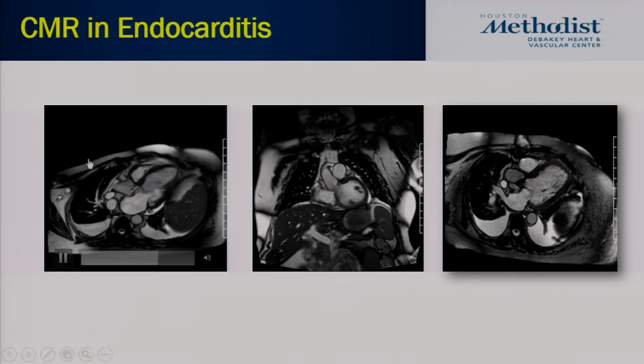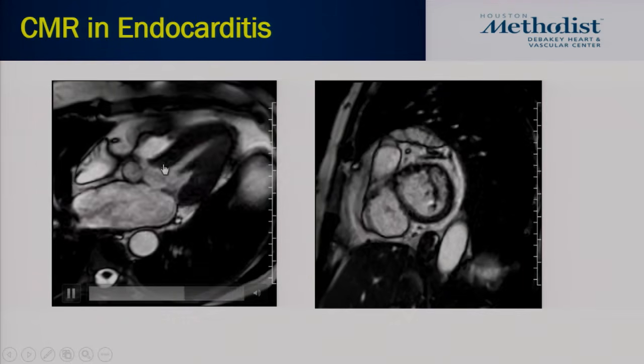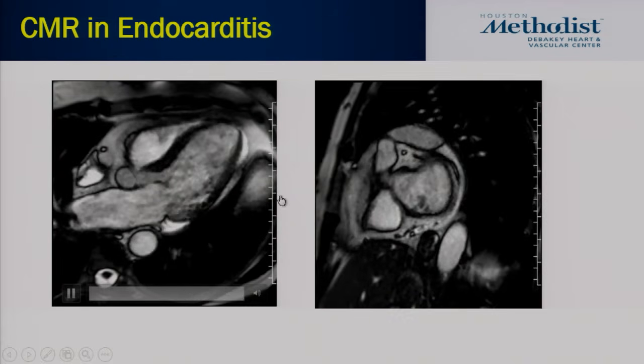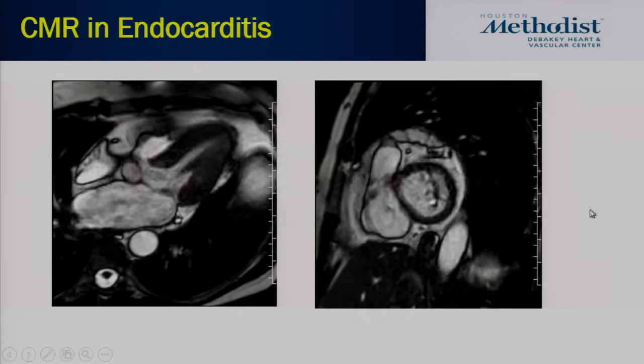It might be difficult to see them. With MRI, you mostly see the complications of endocarditis, so you have an ability to look at the valvular lesions, obviously, and the function. If there is an abscess or collection, like you see here, or a pseudoaneurysm, then you might be able to see them. You can also look at some of the valvular lesions and maybe some of the calcifications and mobile structures.